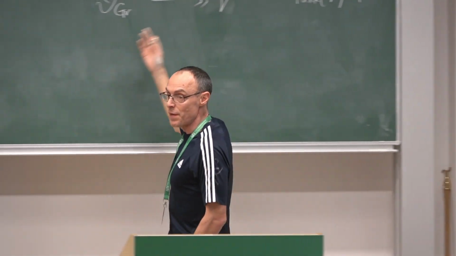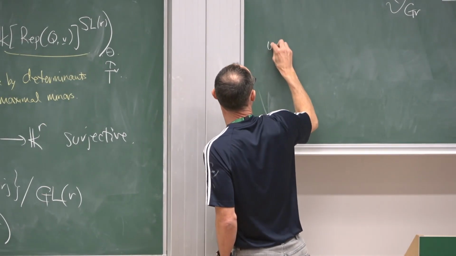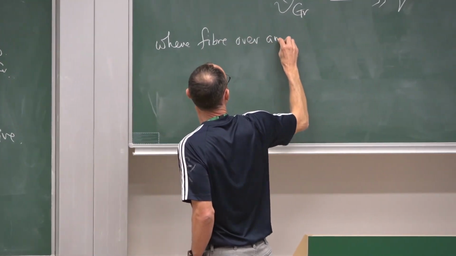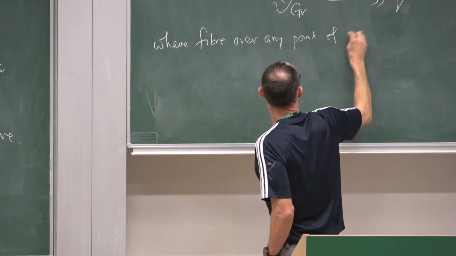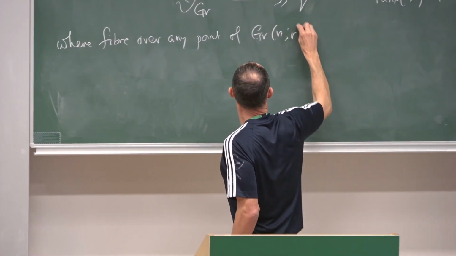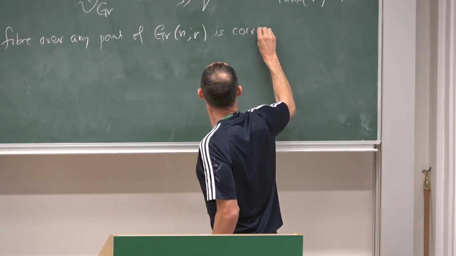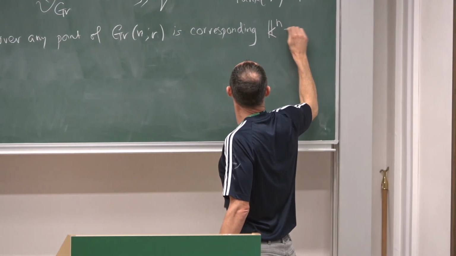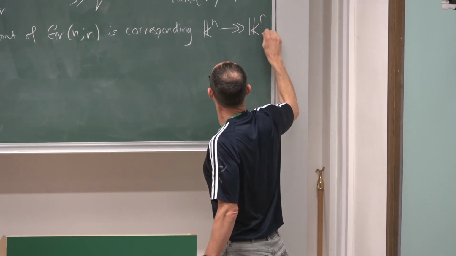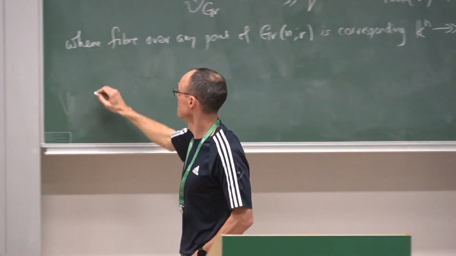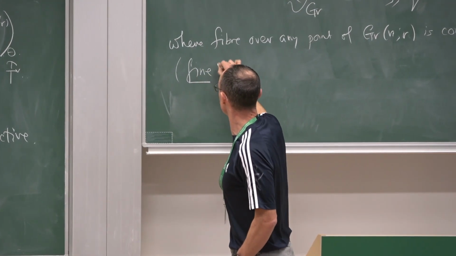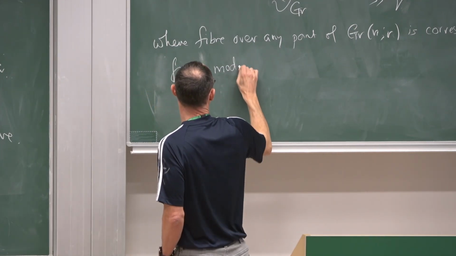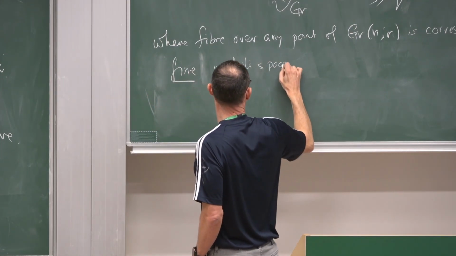The point is that the fibre over any point of the Grassmannian is the corresponding surjective map that gave birth to the point in the first place. So it's a fine moduli space.